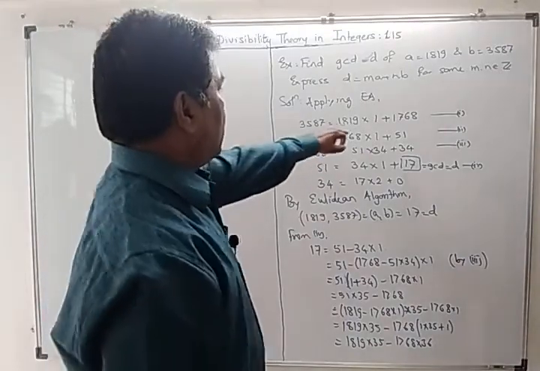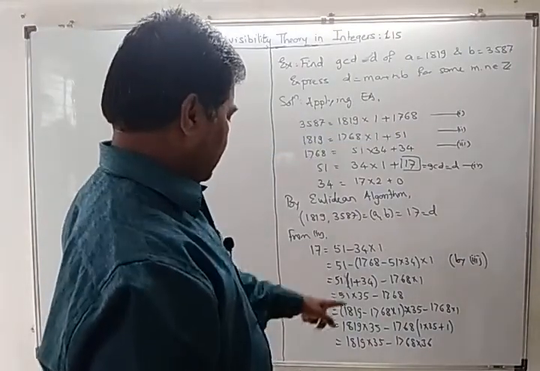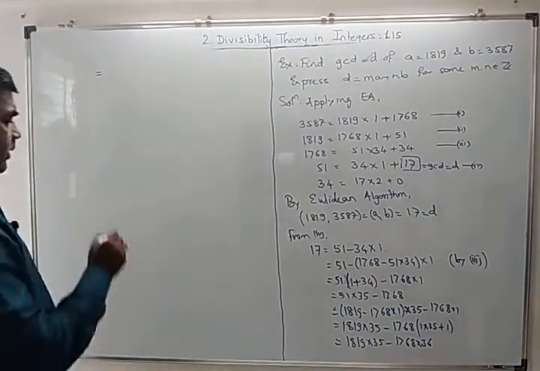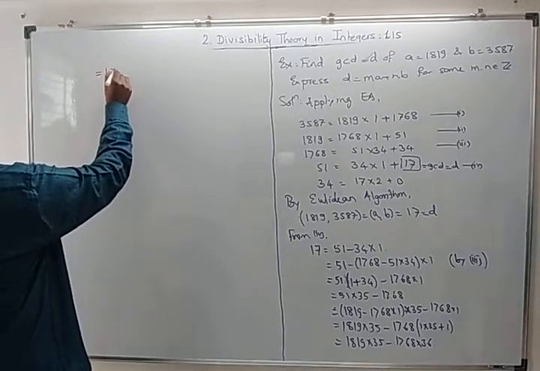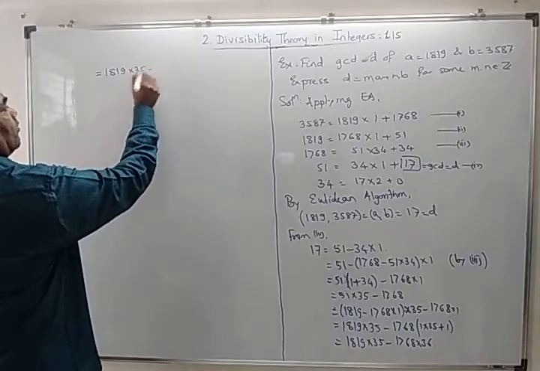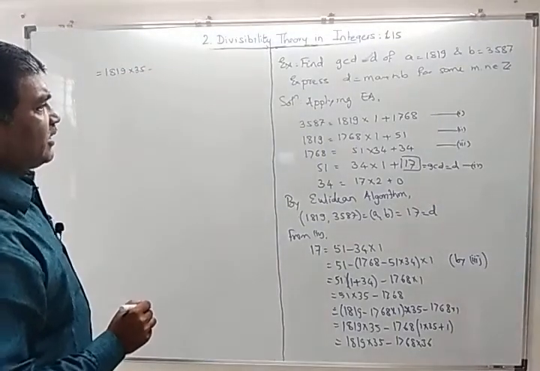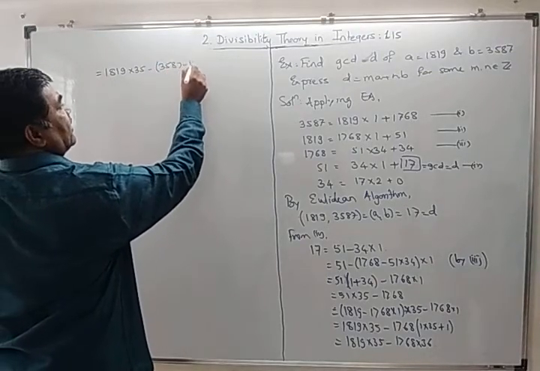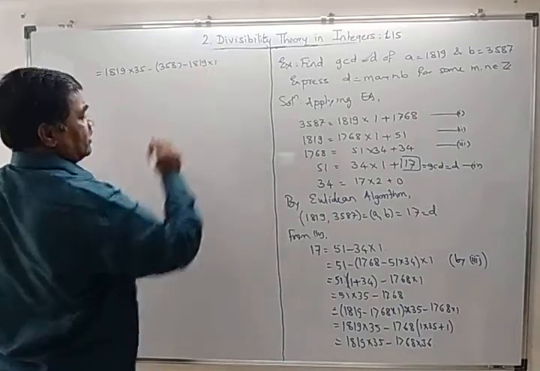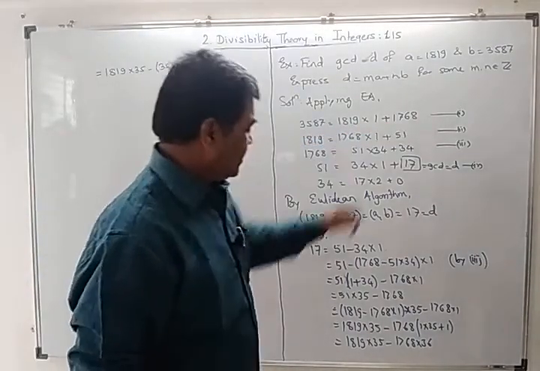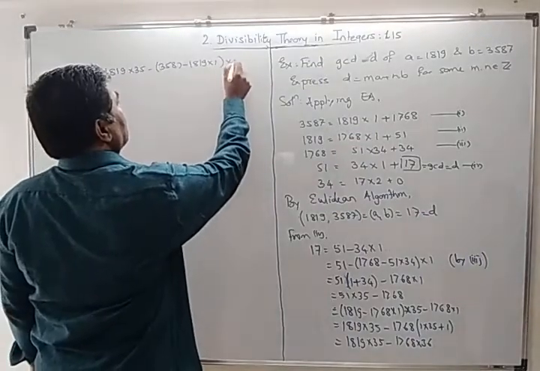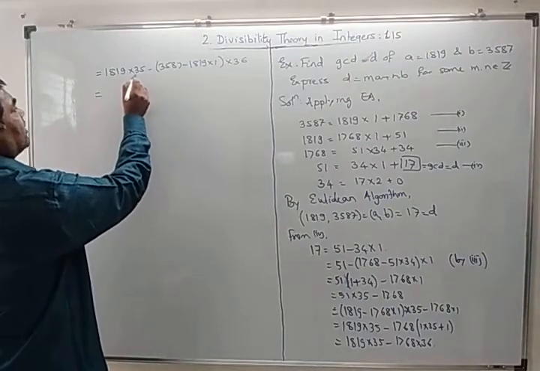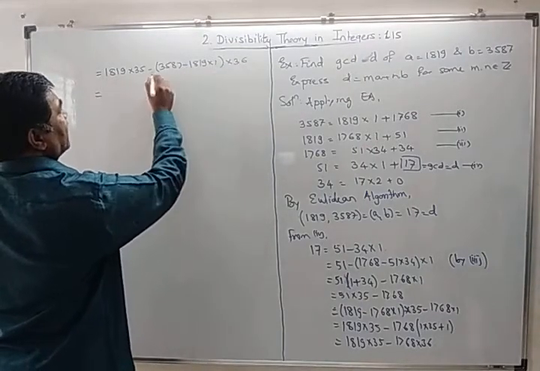Now again we will use equation 1 to put the value of 1768, which is equal to 1819 into 35 minus 1768, which is nothing but 3587 minus 1819 into 1. This is the value of 1768, into 36 as it is. So what will we get? 1819 into 35, minus will become plus.